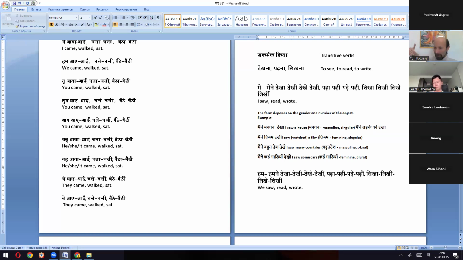When the boy's family comes to the girl's house to see their future daughter-in-law, there are some common sayings where this ko is dropped, even concerning humans. Like they will say "Hamne ladki dekhi," but usually when we talk about human beings, we use this ko.